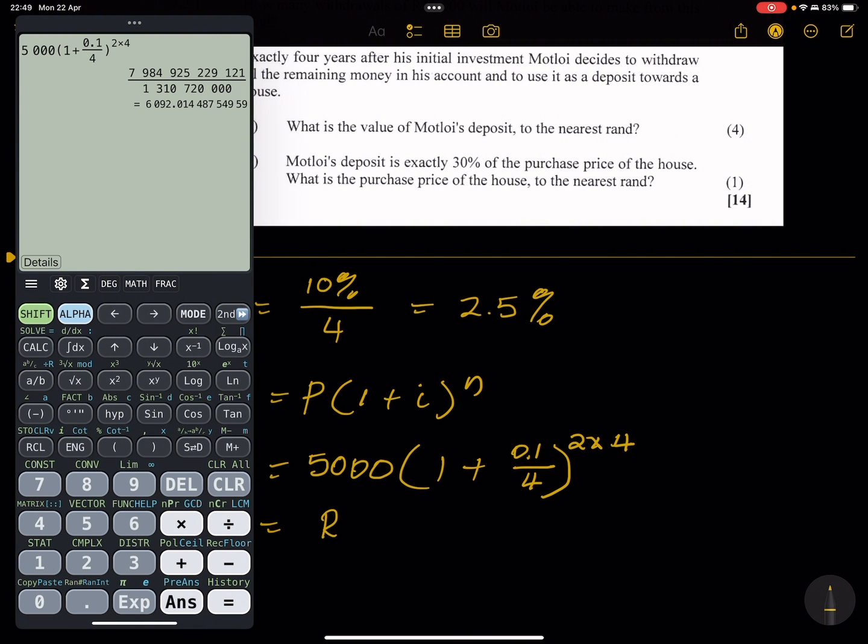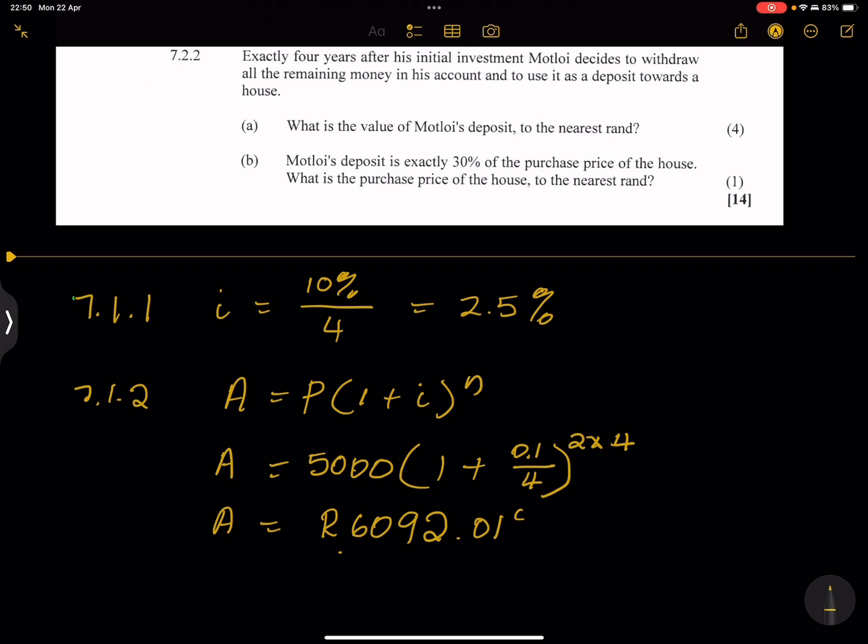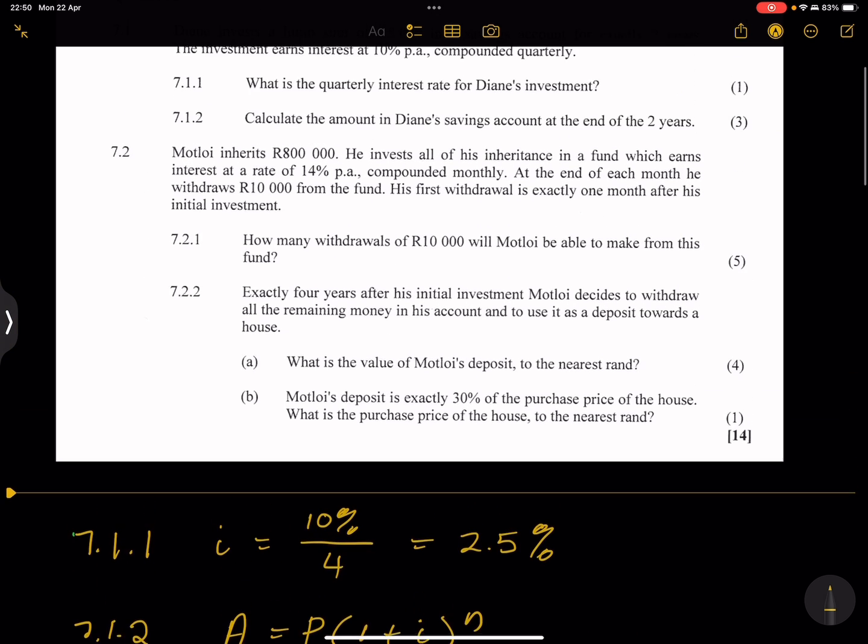So which means that that amount would accumulate to 6,092 rands, and 1 cent, if you want to be pedantic. Okay, so that is the amount that it will accumulate to, right?